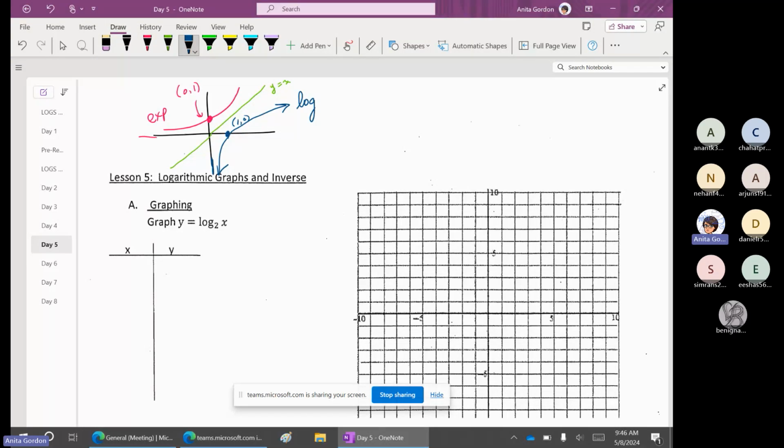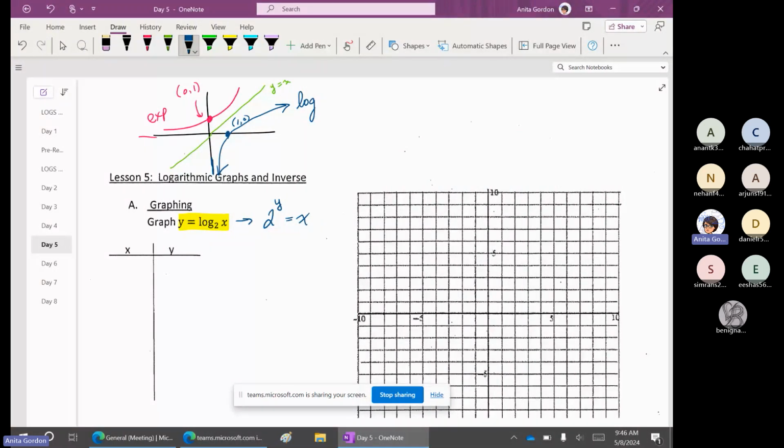Okay, so what we're doing here is looking at example 1. What is the graph of y equals log base 2 of x? In other words, I could rewrite this as 2 to the y equals x. That is this in exponential form.